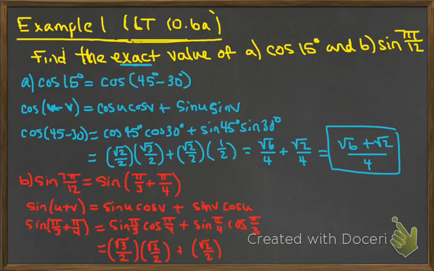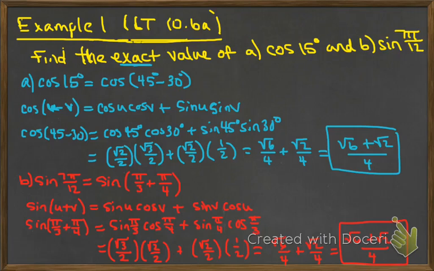The cosine of pi over 3 is 1/2. So now again, I just go ahead and multiply those, giving me the square root of 6 over 4 plus the square root of 2 over 4. Again, common denominator, so I go ahead and add them together. Square root of 6 plus the square root of 2 all over 4. And there's my exact answer to the sine of 7 pi over 12.